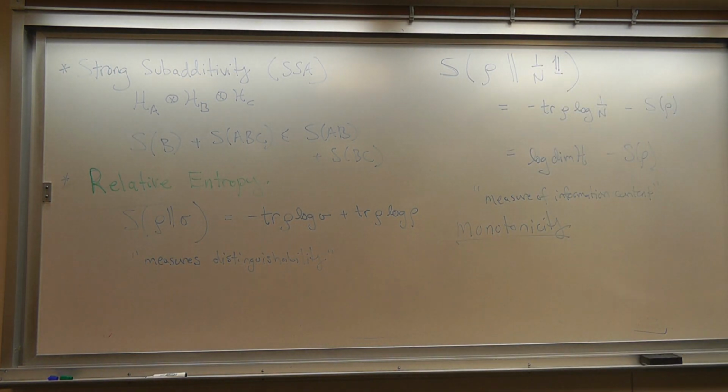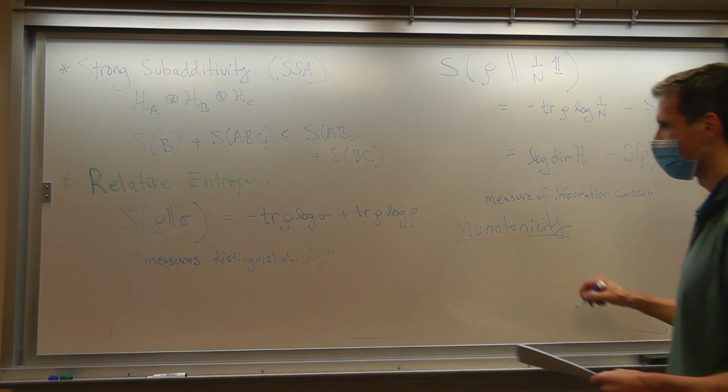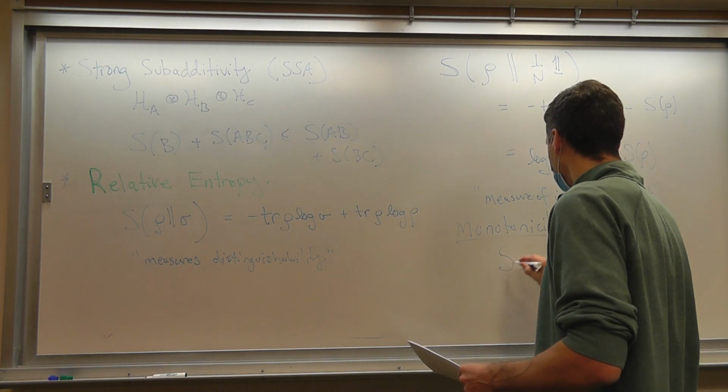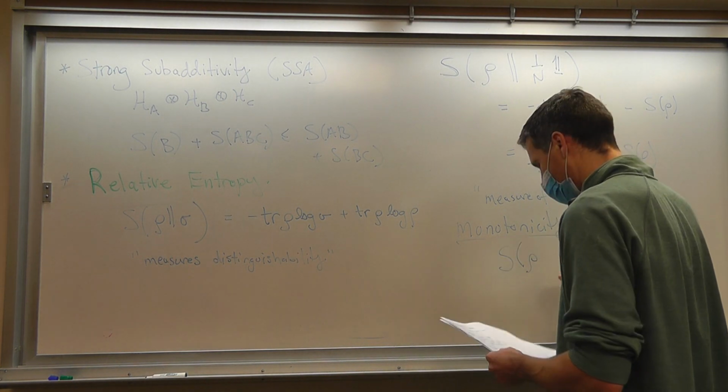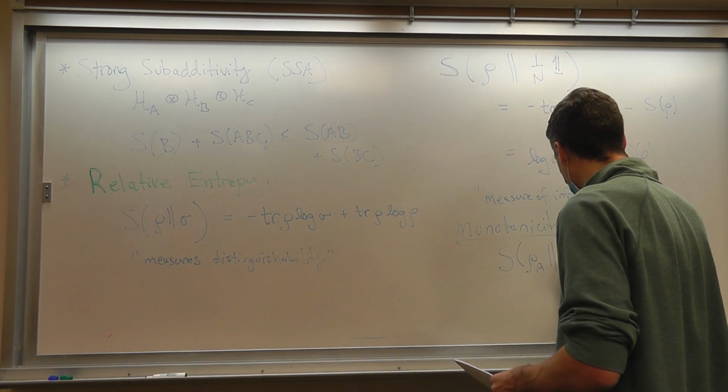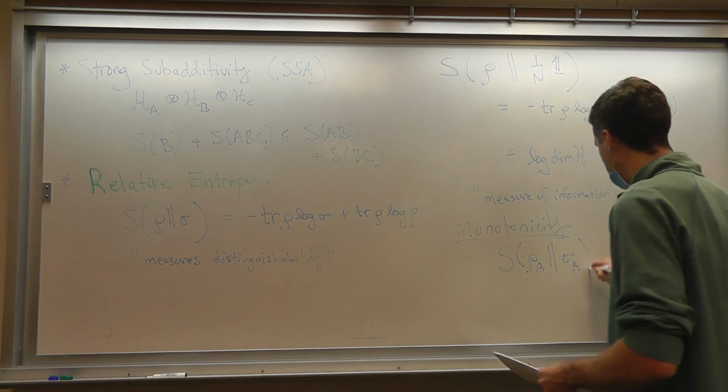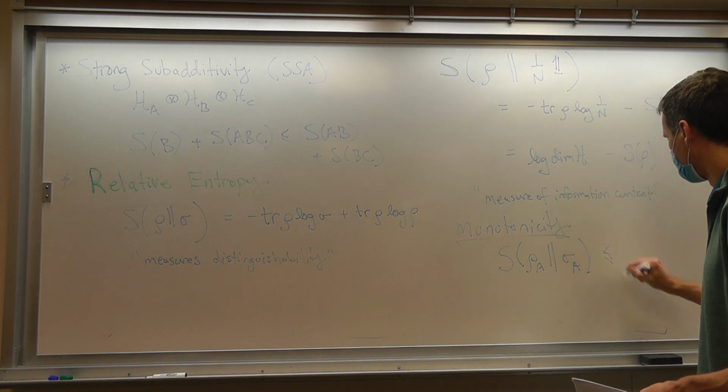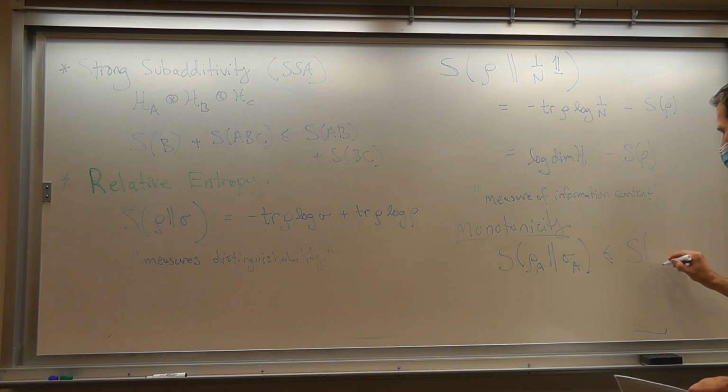So the relative entropy has a lot of nice properties. A sort of essential one is the monotonicity of relative entropy, which says that the entropy of rho A relative to sigma A is less than or equal to the entropy of rho AB relative to sigma AB.